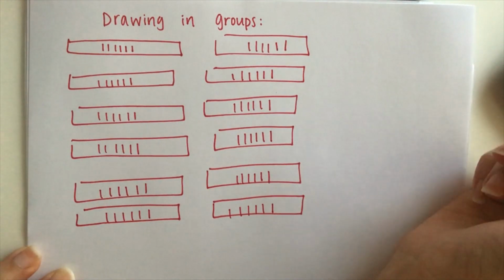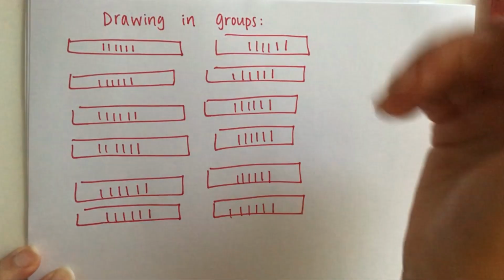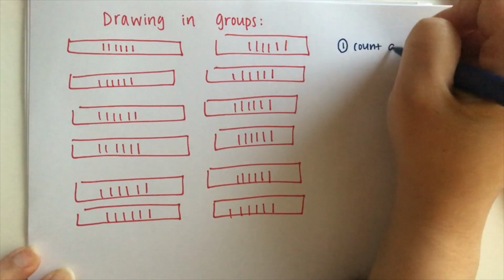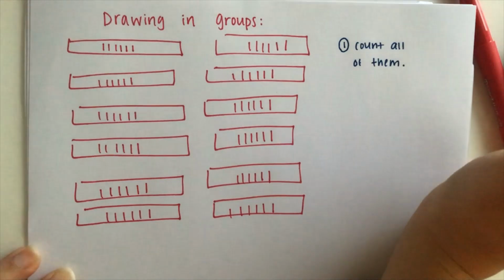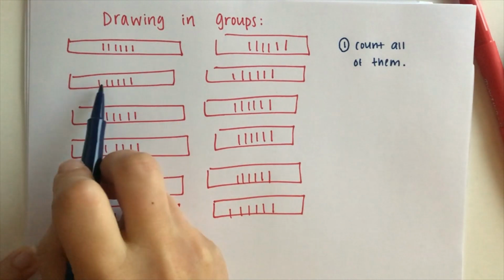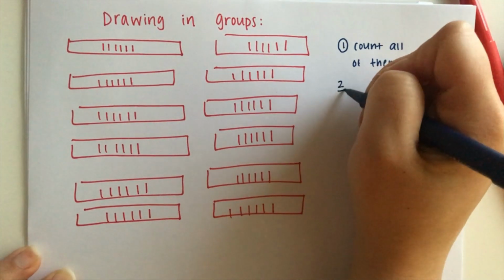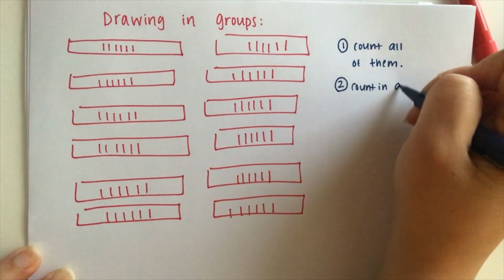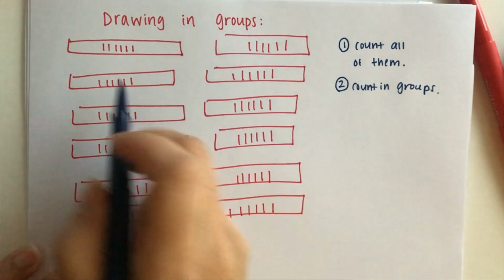There's a couple ways you can go around this. Number 1, you can count all of them. But that's going to take some time. So instead of doing 1, 2, 3, 4, 5, 6, 7, 8, 9, 10, 11, 12, that's going to take too long. So number 2, what you can do is count in groups. You can do something like 12.